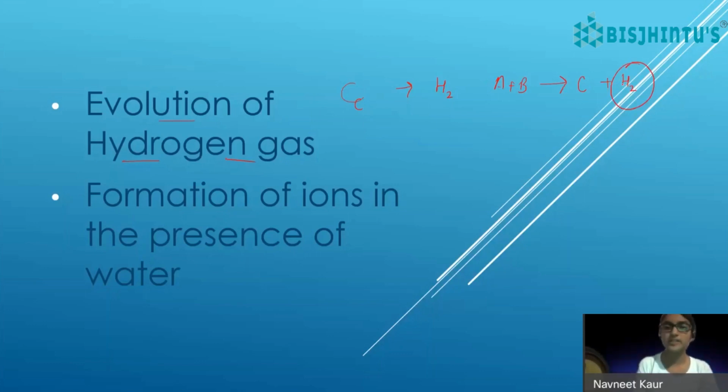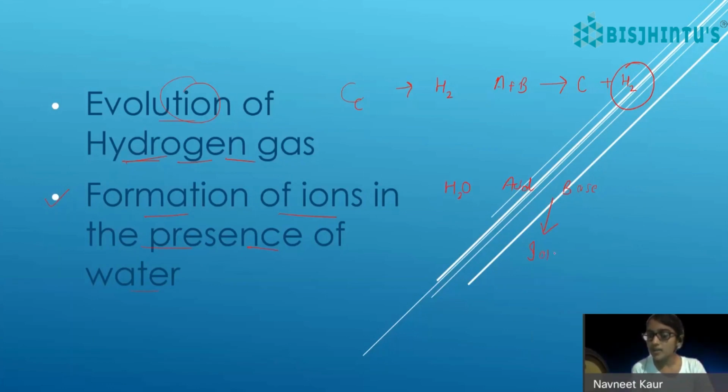In this video, we'll be studying how the evolution of hydrogen gas takes place, how this property is common in acid and base, and why it is common. The second property we are going to study is the formation of ions in the presence of water. You must be aware that in the presence of water, that is H2O, both the acid and base give ions.